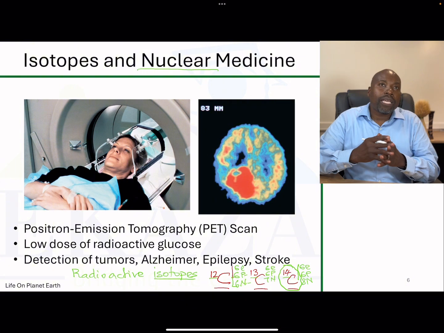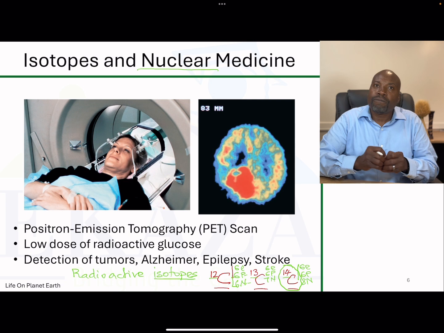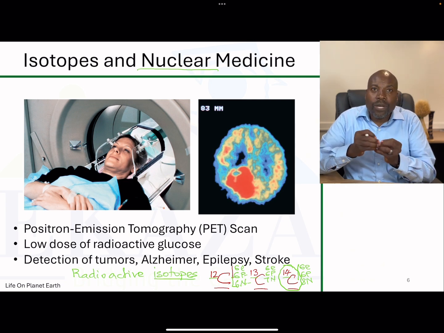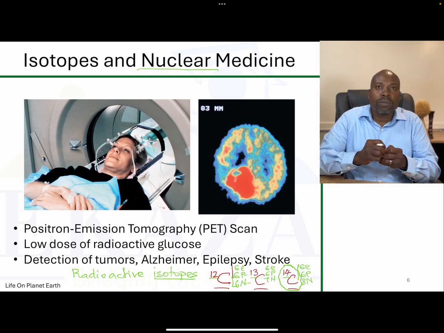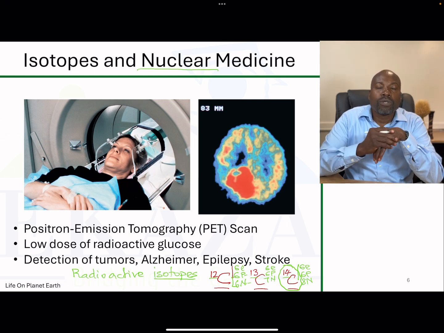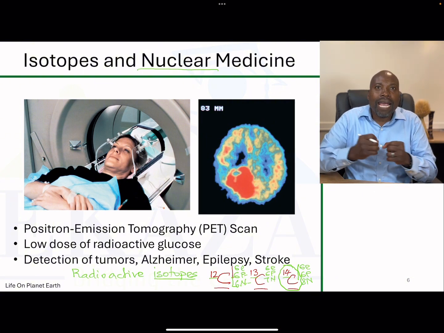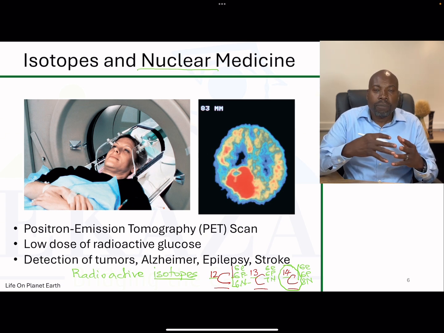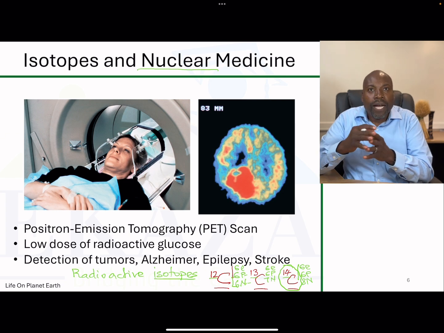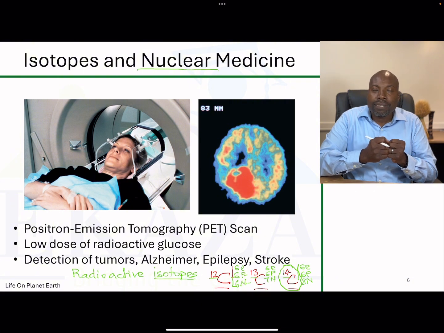For instance, we can give a patient a substance, for instance, a sugar, that carries one of the isotopes that is going to emit some energy. That energy is going to be captured by a scanner so that we can see what particular area of the body is actively absorbing that isotope, right?